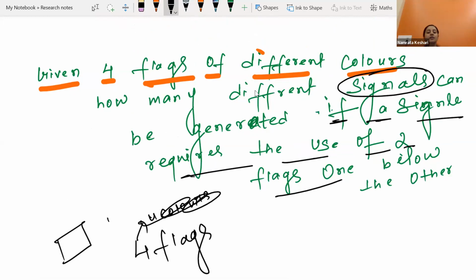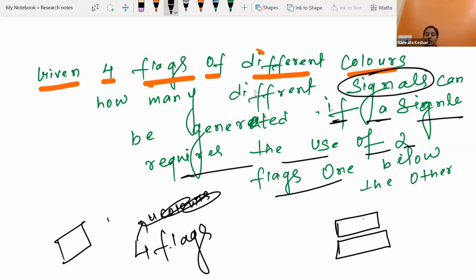Two flags are needed. From these four flags, we need to take two at a time. How many total possibilities will there be?